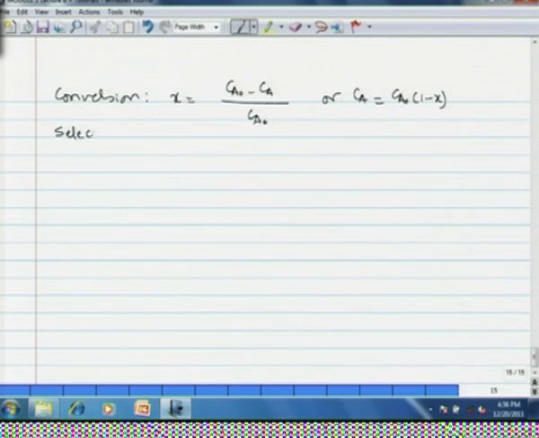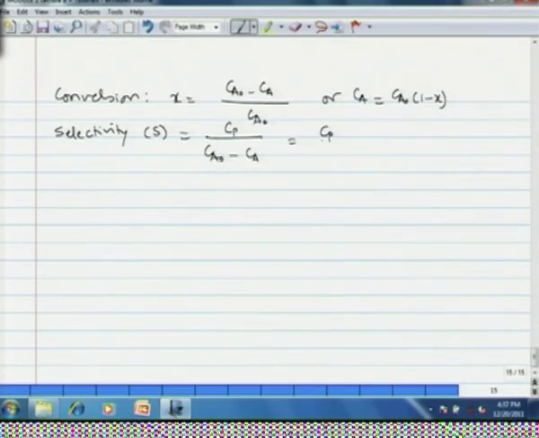So, the selectivity S is defined as Cp divided by Ca naught minus Ca, rise in concentration of product P divided by the reduction in concentration of A. Now, if you multiply these concentrations by volume, you will get number of moles. Okay, so, this is essentially same as number of moles of product P formed divided by number of moles of A converted.